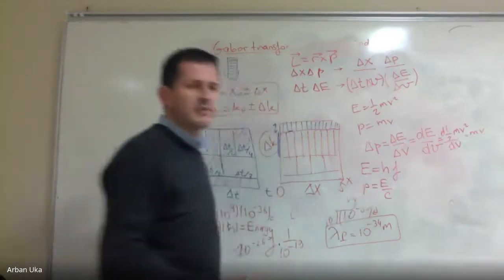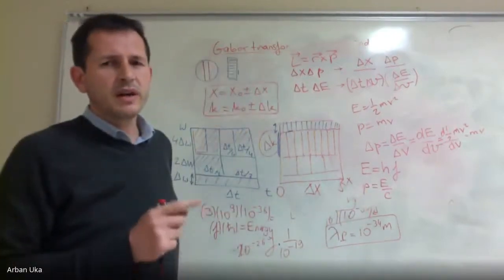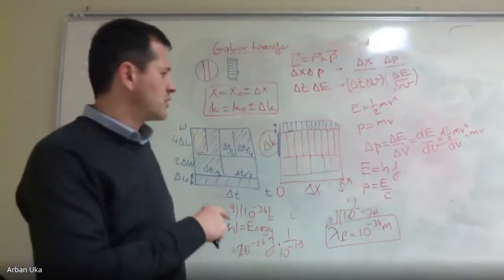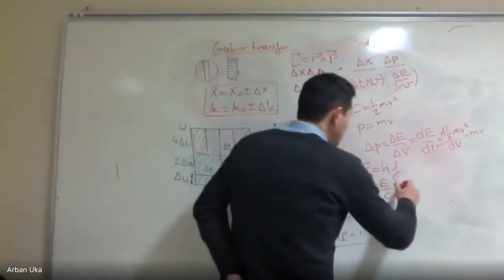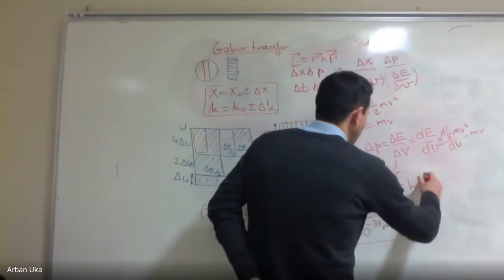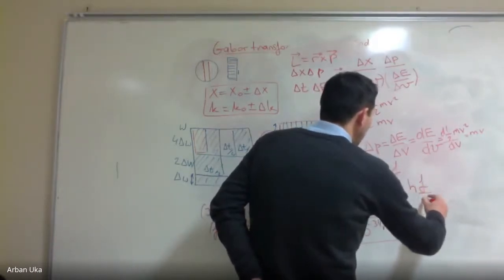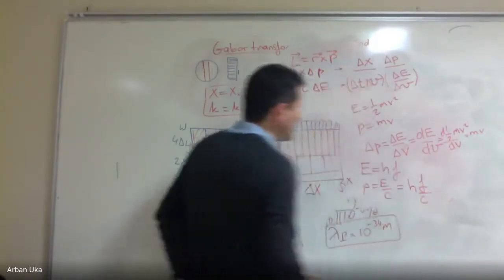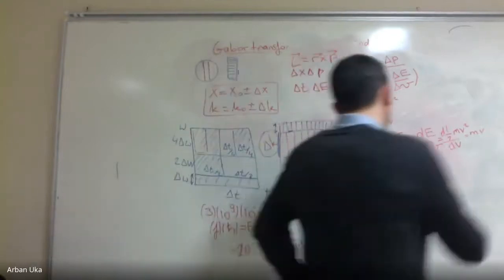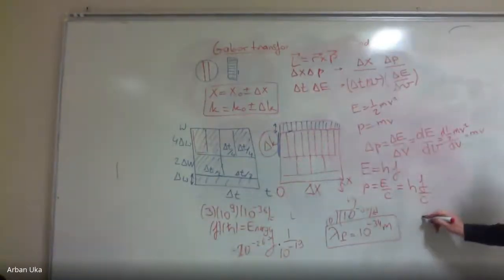We just briefly mentioned this one in one hour. We did not do this the whole semester. But this E over C is equal to h times frequency over C. And what is frequency divided by C? We know that the speed of light is equal to lambda times frequency.